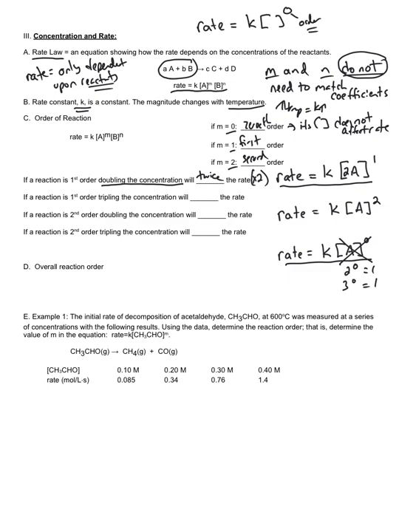If I triple it, 3 raised to 1 is 3. The rate would also triple, so the rate of the reaction would be 3 times as fast. Okay, so if the reaction occurs in 100 seconds, it would only occur in 50 seconds if I double it. The rate would be twice as fast, so it would take half as much time for it to completely react.